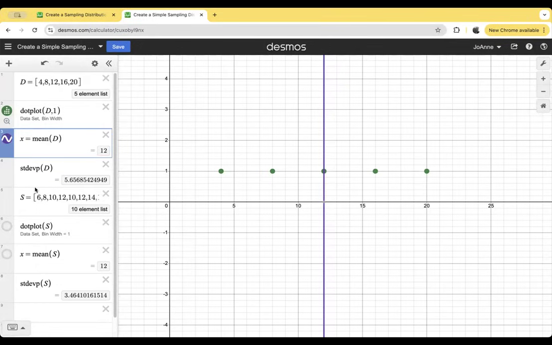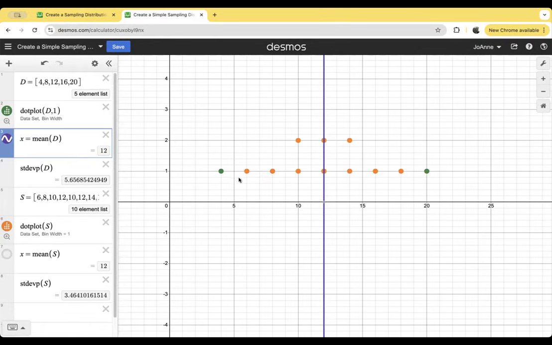Okay, so if I take my 10 sample means and plot them in a dot plot on top of our population, that's what we have, the orange dots. So I'm going to take them away again and take note of the placement of the orange dots.